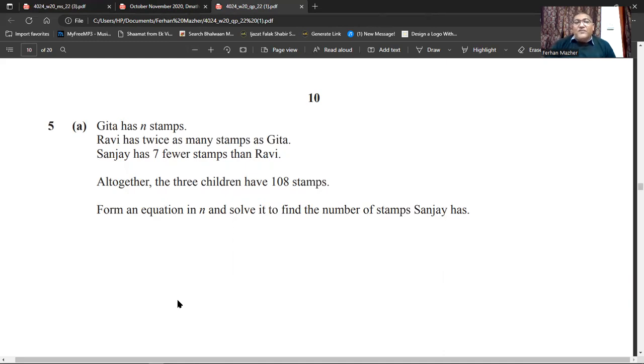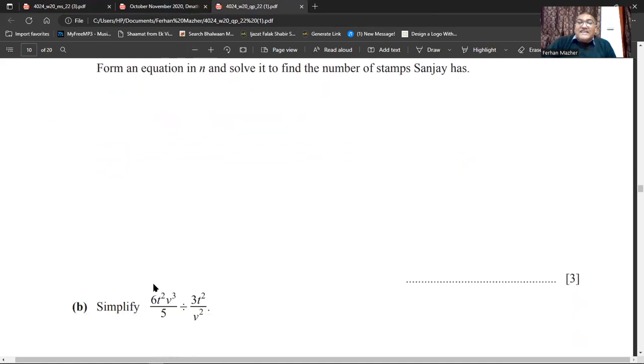Sanjay has 7 fewer stamps than Ravi. Because Ravi has 2n, Sanjay will have 2n minus 7. Altogether, the 3 children have 108 stamps. Form an equation in n and solve it to find the number of stamps Sanjay has.